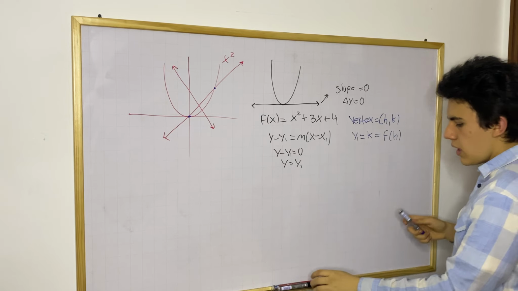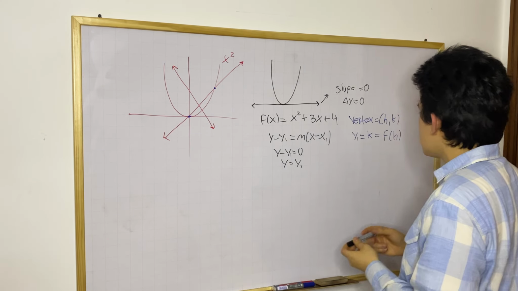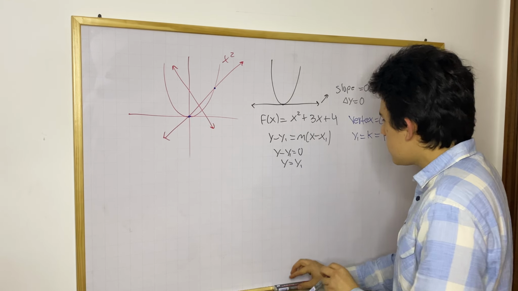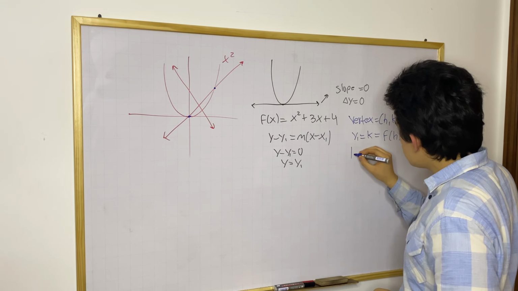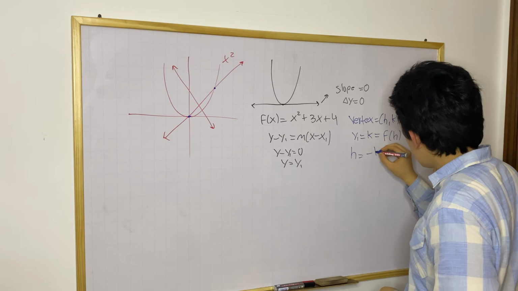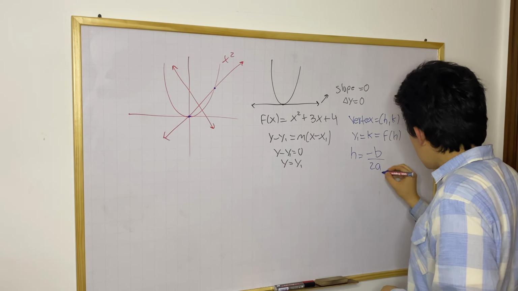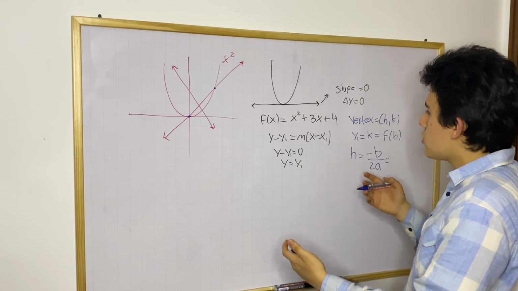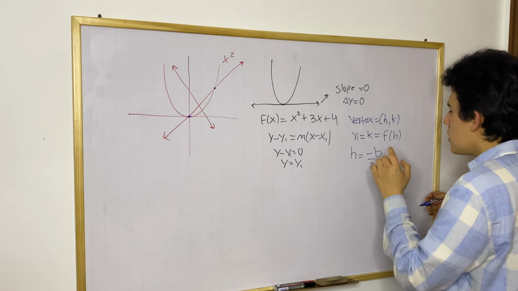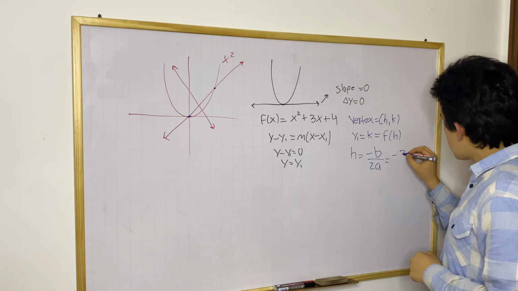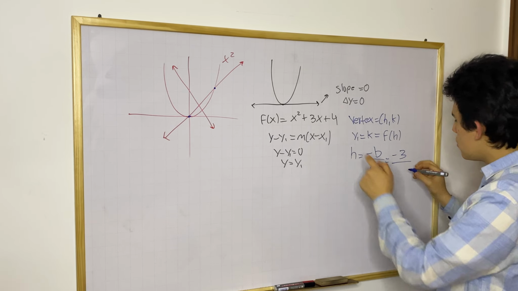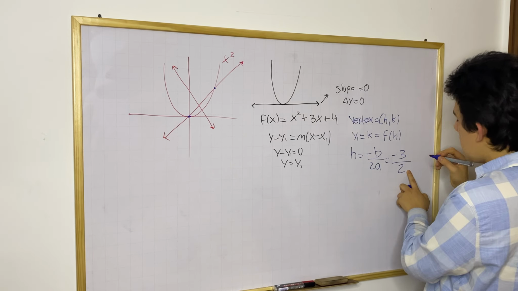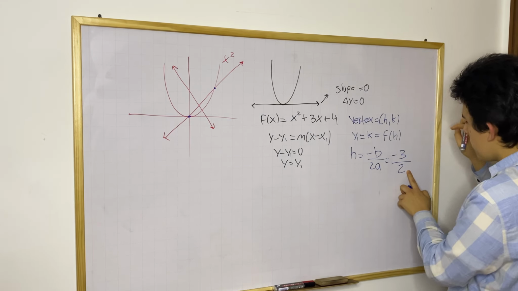Now let's try evaluating the function at h, but first we need to find h, of course, so let's do that. Now we know h is going to be minus b over 2a. If we have this function, an arbitrarily chosen function, minus b is going to be minus 3 over 2a, which is 2, okay? This is the x coordinate of the vertex for this parabola.